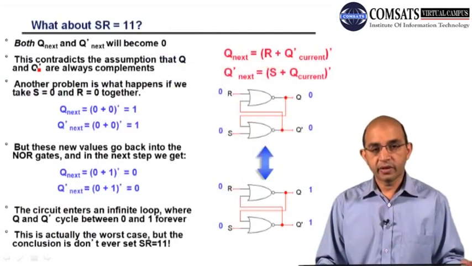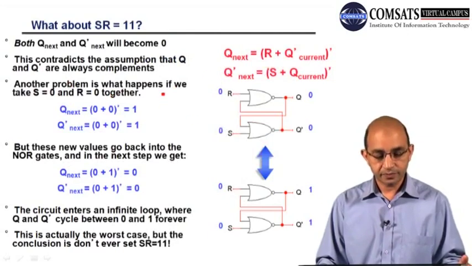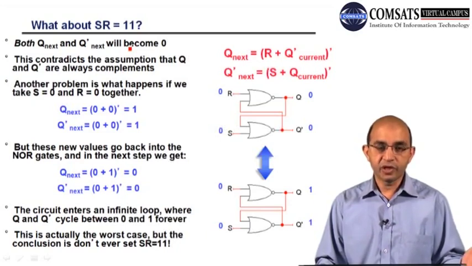So what about SR 11? Here you can see that when we have S 1, R 1, this is practically impossible because we cannot set and reset at the same time.